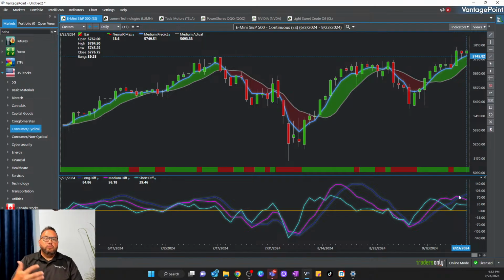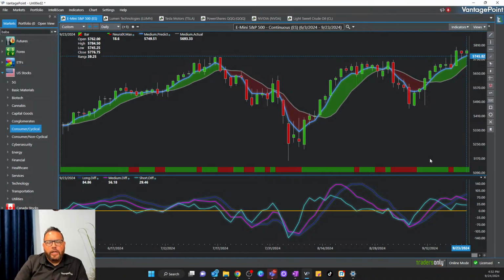So now for you momentum traders, not only do you have a trend prediction, you've got a strength prediction, and you've got momentum predictions trying to help you take the emotion out of your trading so you can make a decision around what the S&P 500 is expected to do over the next couple of days. This was updated at 6:30 last night for today's trading so that you could apply this, and it's updated every night at 6:30, and it gives me the information I need to make very valuable decisions around the market.